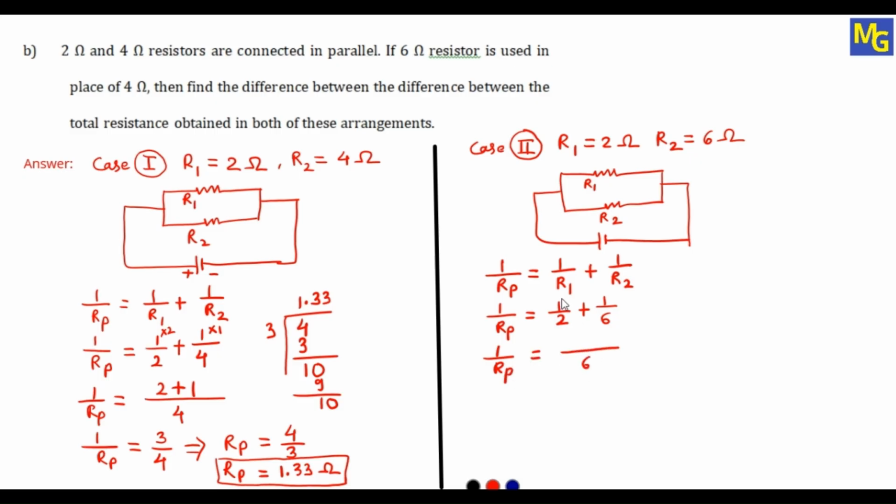So 2 3s are 6, 6 1s are 6. So 3 plus 1, 1 by Rp is equals to 4 divided by 6. We can cancel, 2 2s are 4, 2 3s are 6. So I'll get 1 by Rp is equals to 2 by 3.